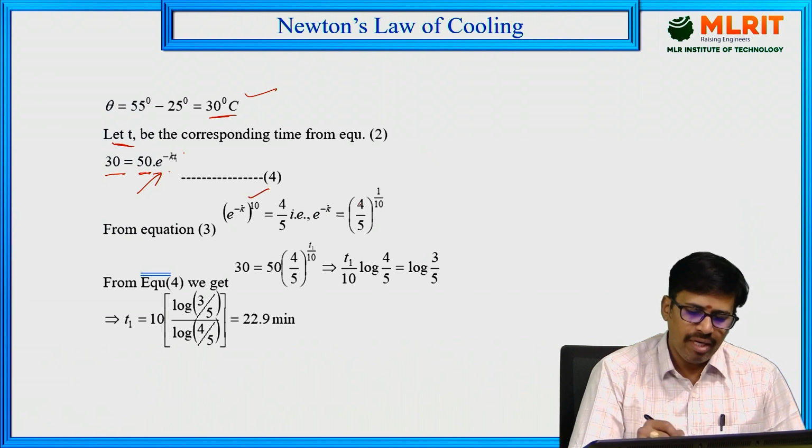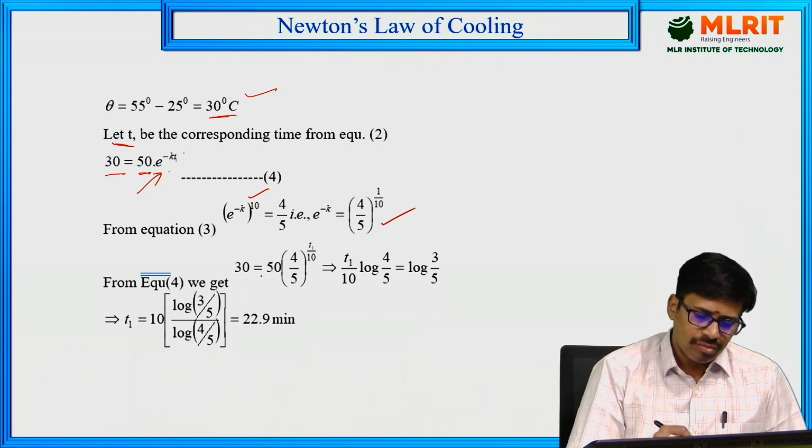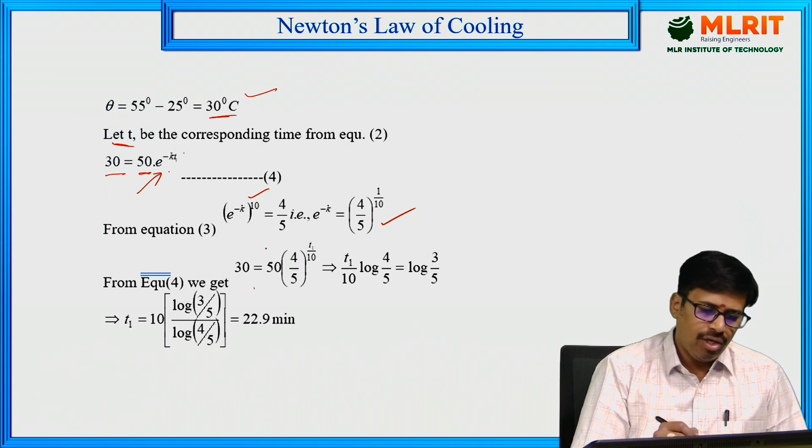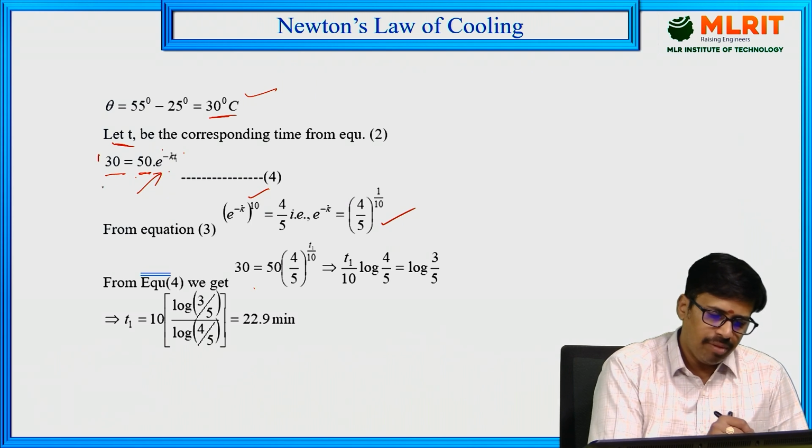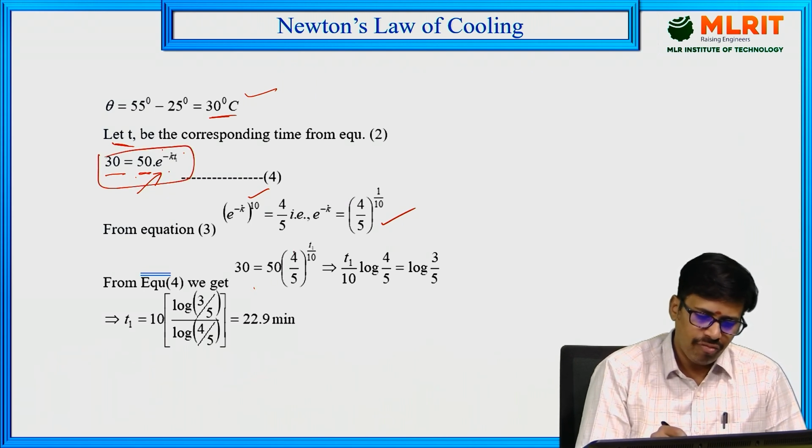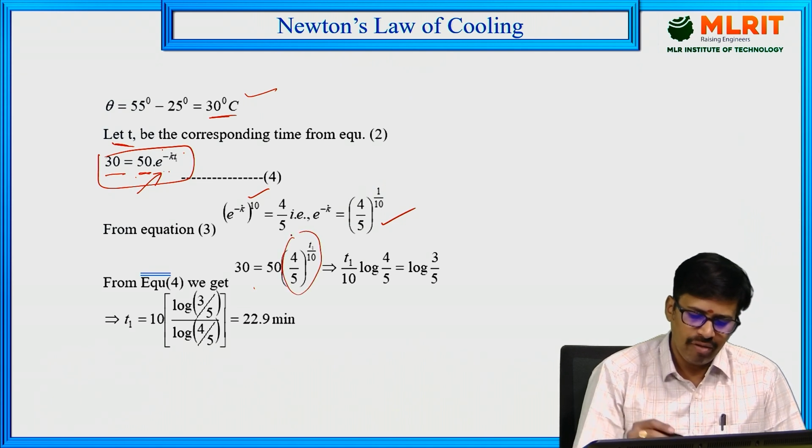So e power minus k can be written as 4 by 5 whole power 1 by 10. So 30 equal to 50 into e power minus kt, where e power minus k is 4 by 5 whole power 1 by 10.